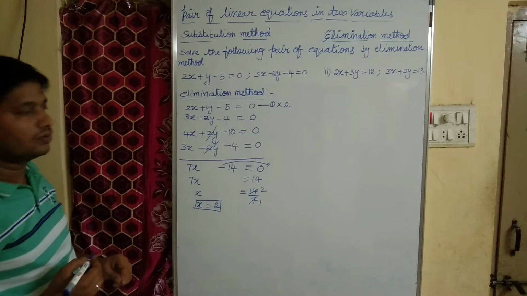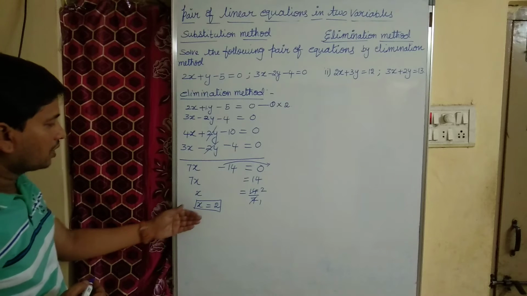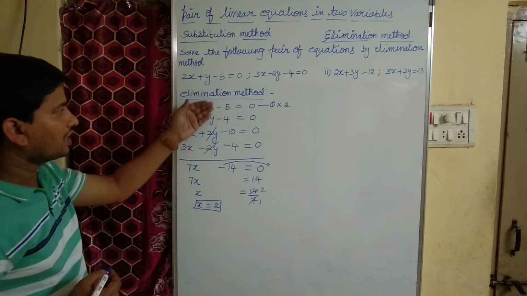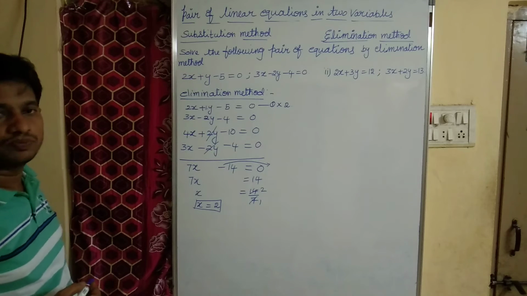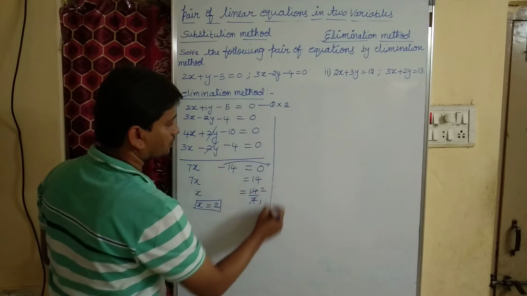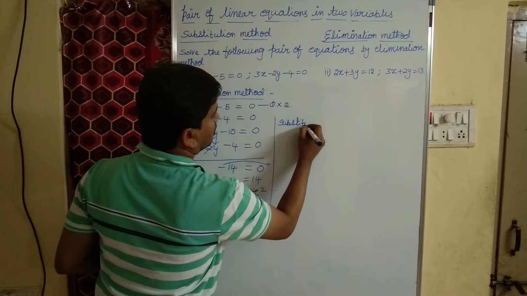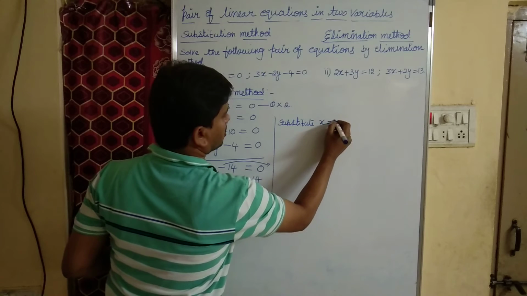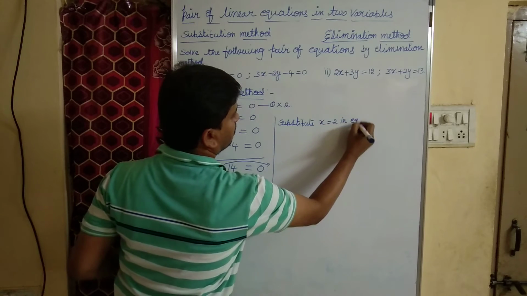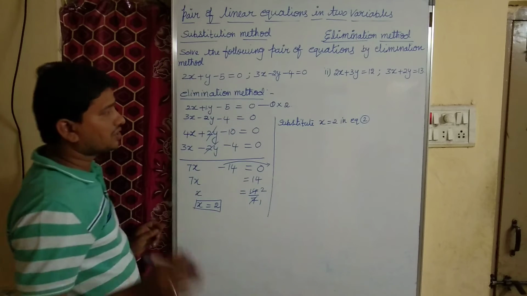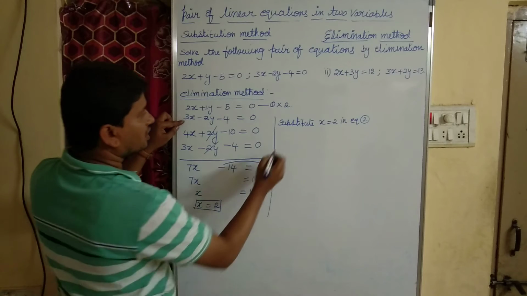Now what we need to do? We need to substitute x = 2 in either equation number 1 or equation number 2. So let us substitute x = 2 in equation number 1 or 2, any equation, right? Let me substitute in equation number 2.